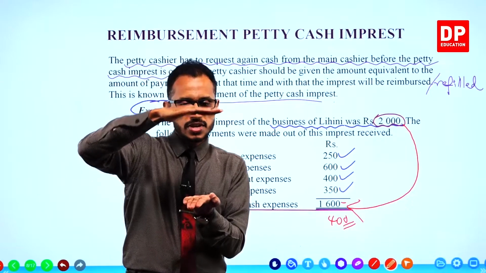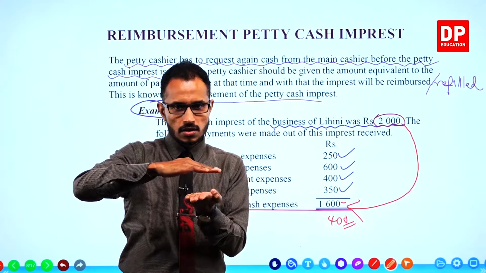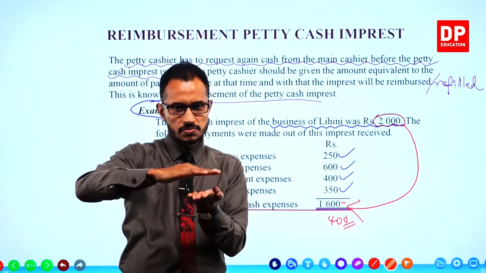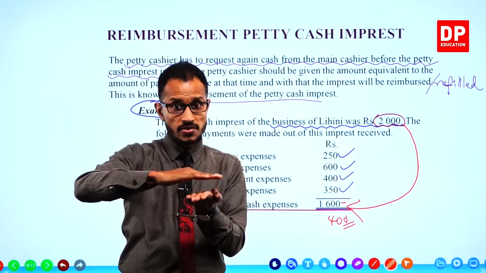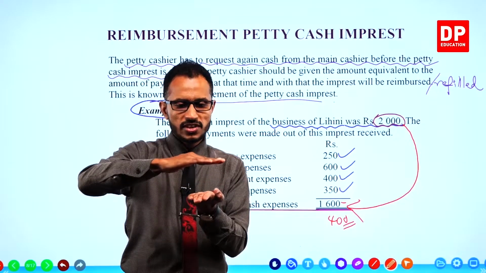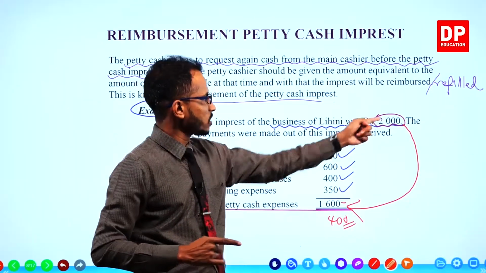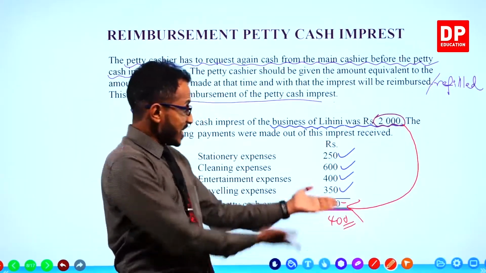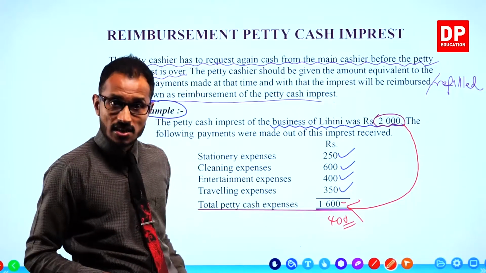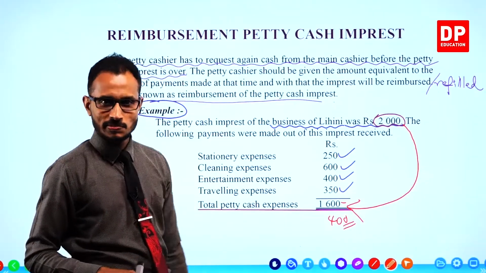Now the impressed has gone down to 400 rupees. How much does he need now to refill this to the original impressed amount, which is 2,000? It's the same amount which he spent, 1,600. That is the reimbursement. There you go.